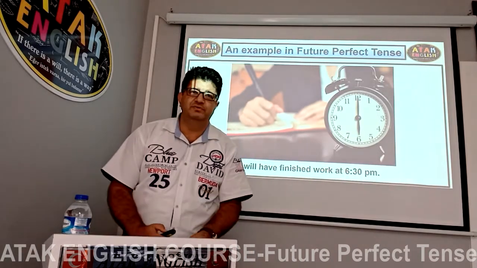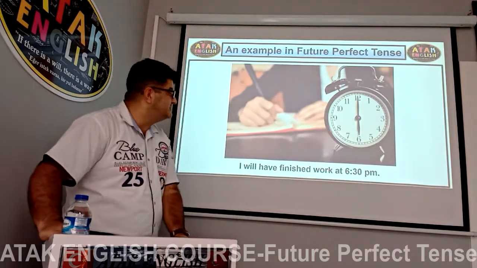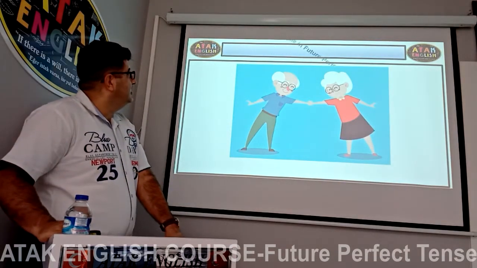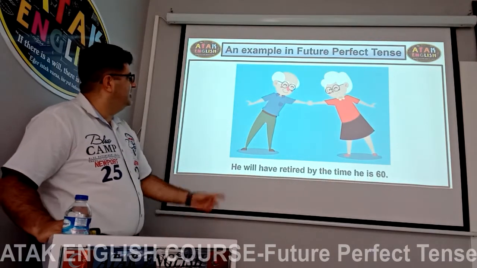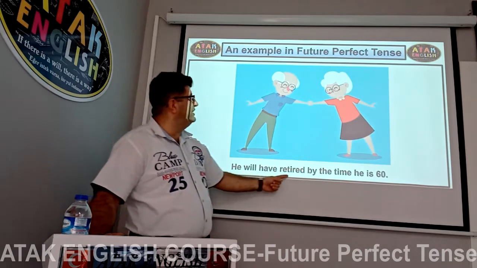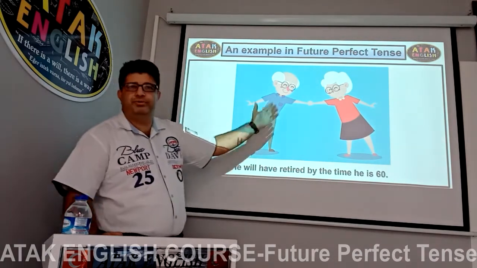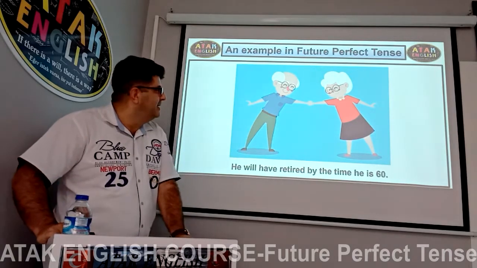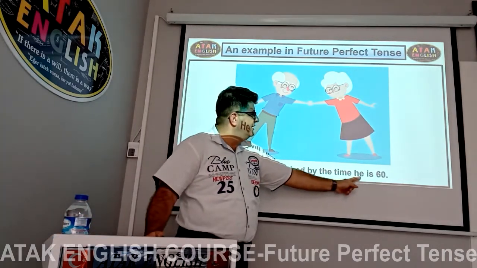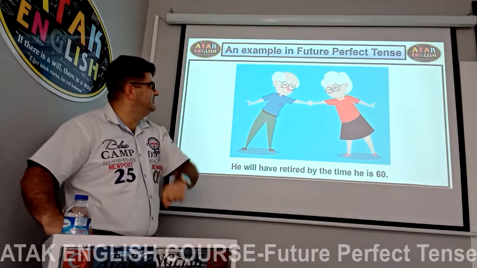That's why I use future perfect tense. Here comes another example. He will have retired by the time he's 60. Actually, both are going to be retired by the time they are 60.